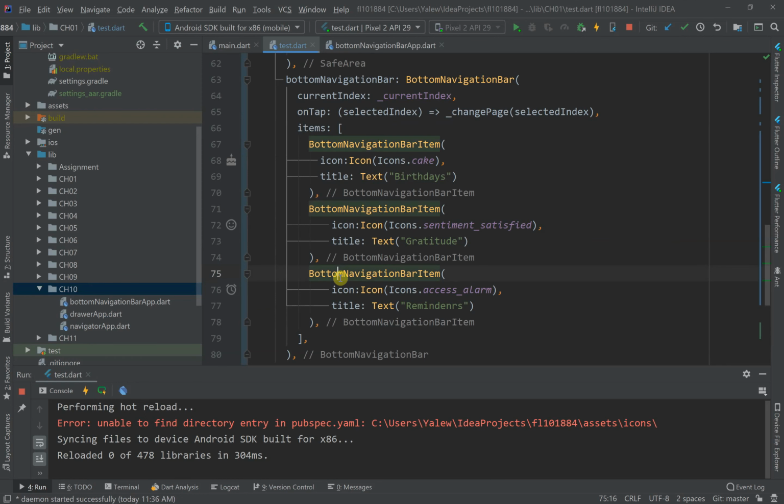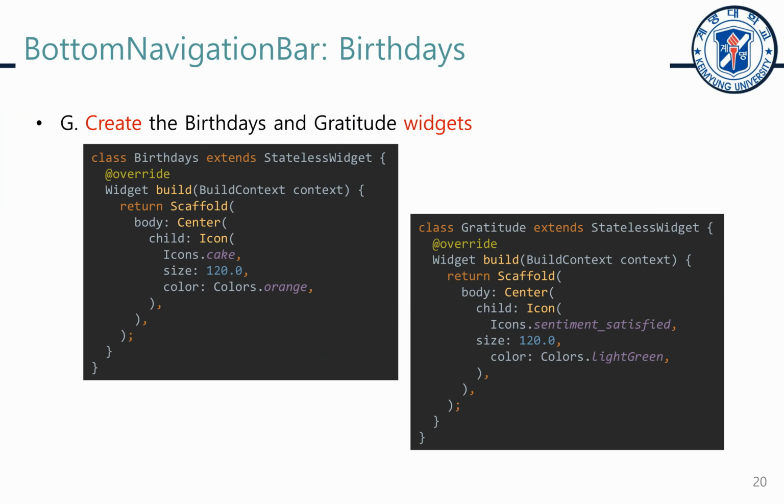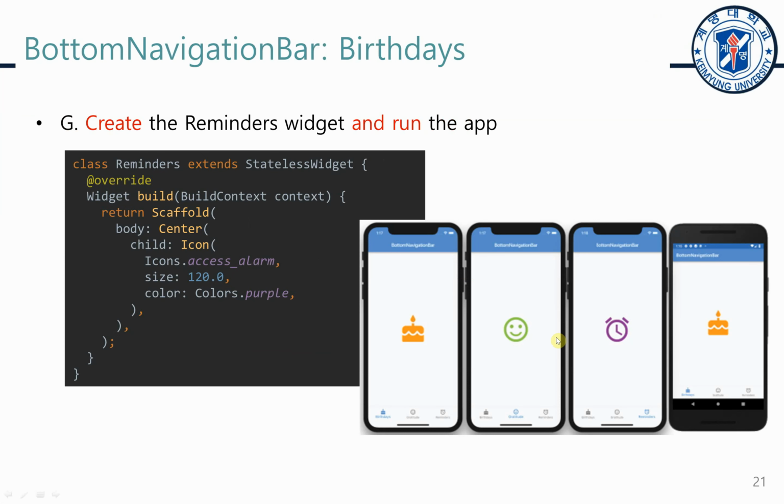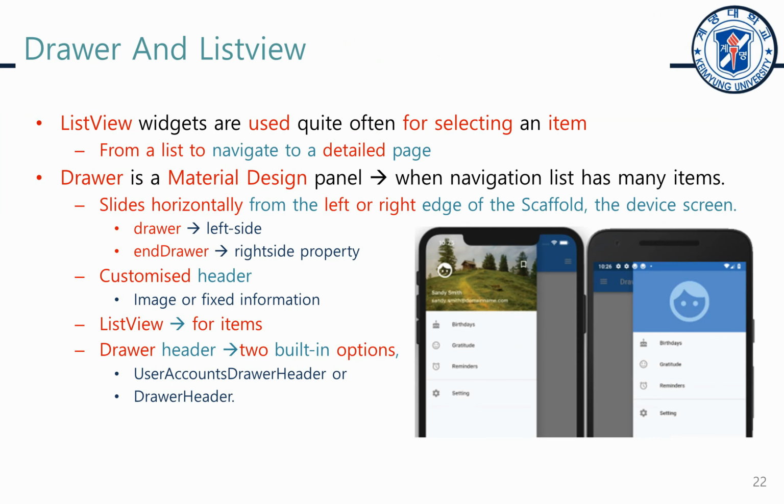So the last navigation tool or navigation class that we are going to learn is how to use drawers. And usually drawers use a list view. So we'll discuss these drawers and list view now.